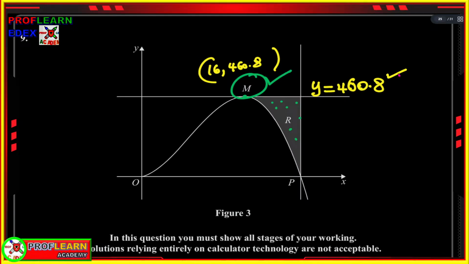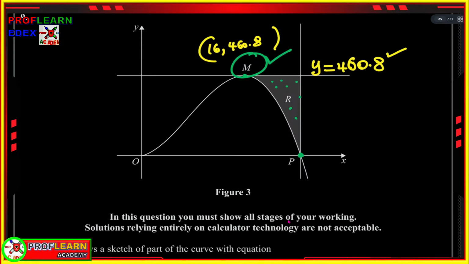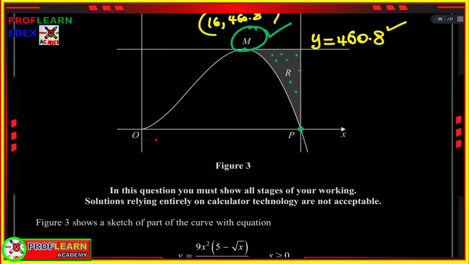That's the equation of this line here. And if we want to know the equation of this line here, we are going to take the function of the curve and equate it to 0, because it's going to cut the x-axis at a given point. So we shall take this equation here and equate it to 0.